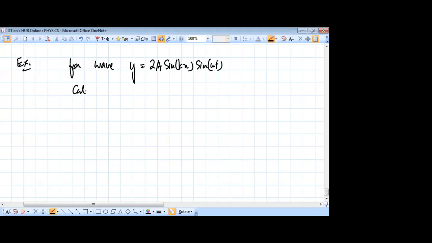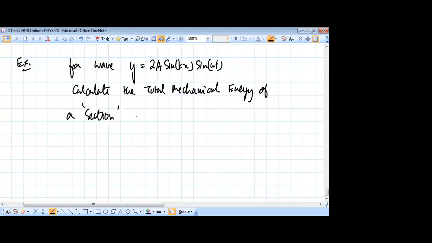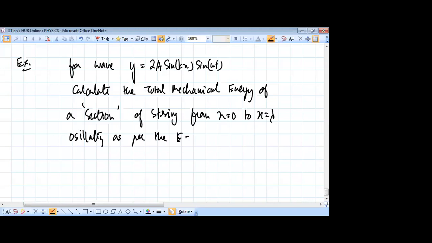We want to calculate the total mechanical energy of a section of the string from x equal to 0 to x equal to lambda, oscillating as per the equation given.